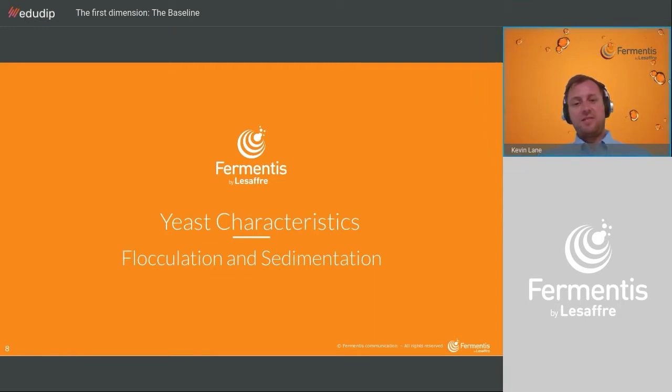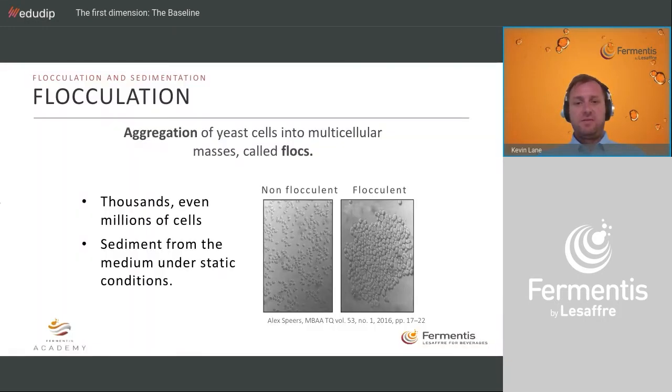So starting with yeast characteristics, this is kind of chapter 2 now. We'll begin with flocculation and sedimentation. So with flocculation and sedimentation, they're not the same thing. I remember 6.5 years ago when I started with Fermentis, I kind of used them as synonyms, talking about the same thing when in fact they are not the same thing.